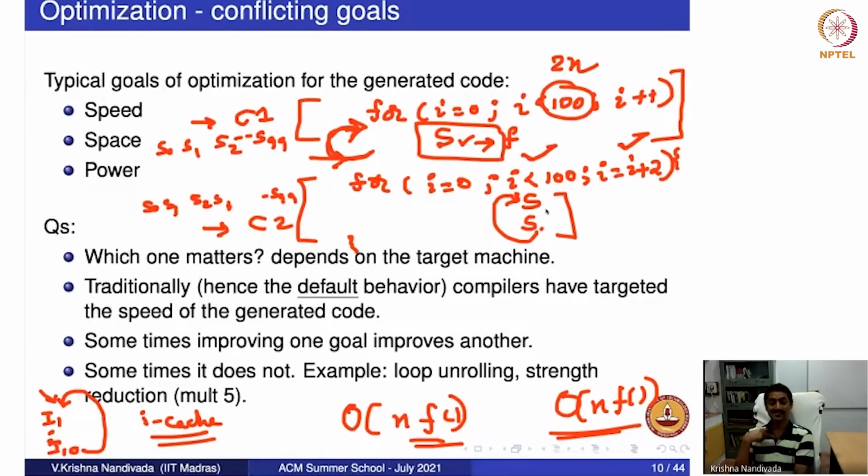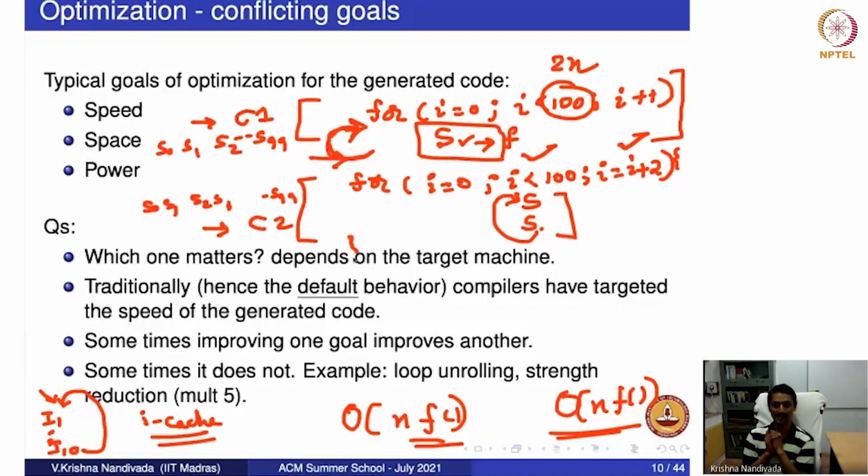As a result, there are more memory accesses. The number of accesses is more. So C2 becomes worse. Do you see how such a seemingly simple optimization is impacting the performance? I hope this excites you that, wow, this is non-trivial.